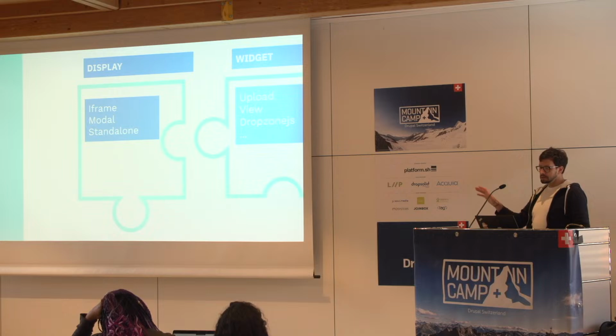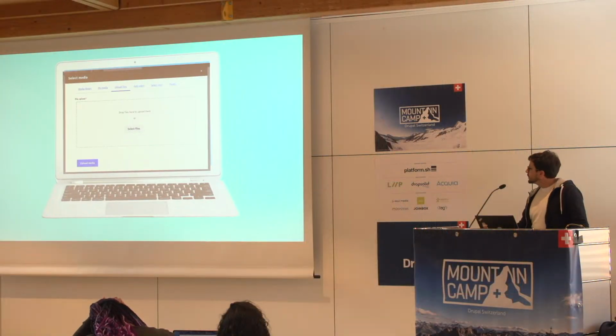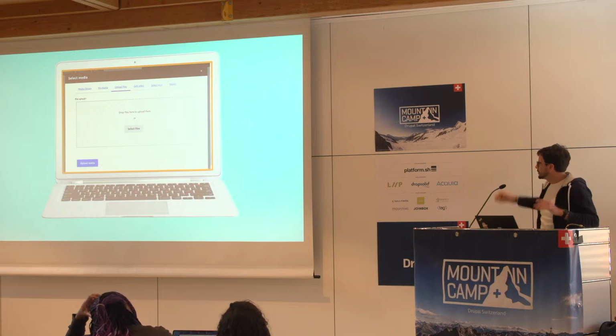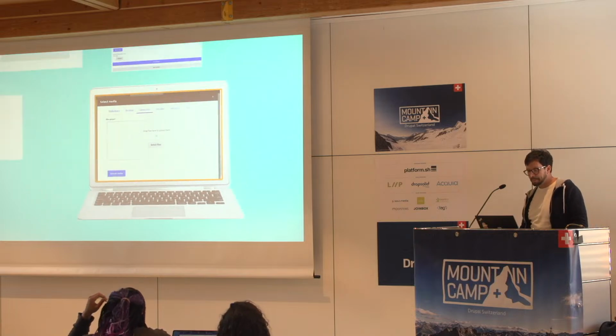This plugin defines how Entity Browser is going to fit inside of the UI. Out of the box, we have iframe, modal, and if you just have one widget, it's standalone. Oh no, that's a separate page. Yes, standalone is for the separate page. Here you can see that the display plugin defines the outermost box of the Entity Browser.